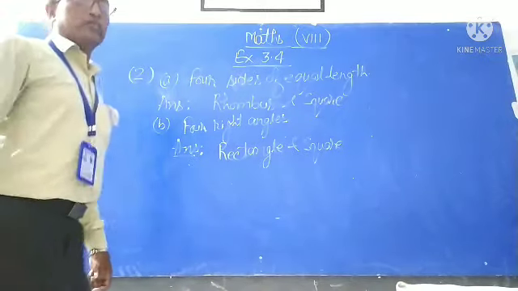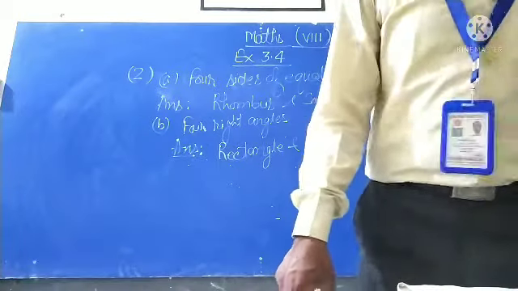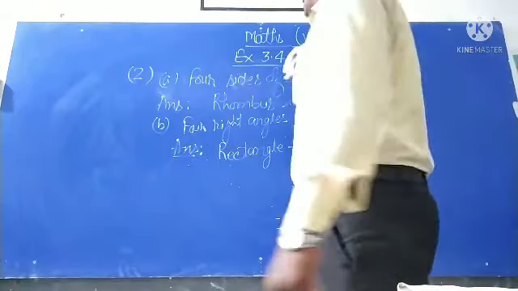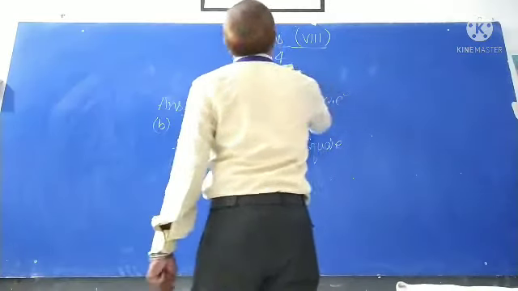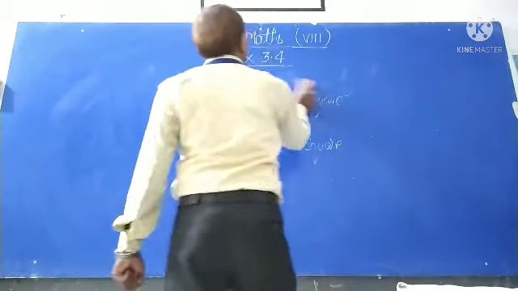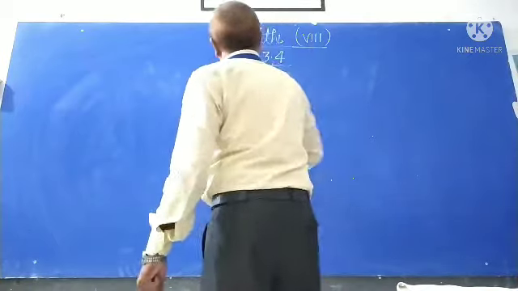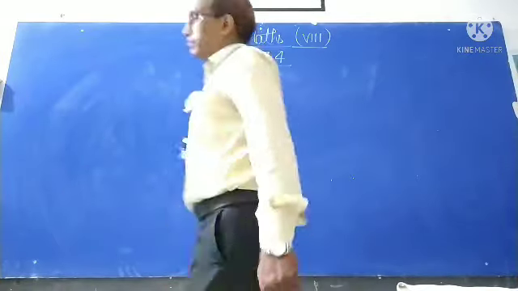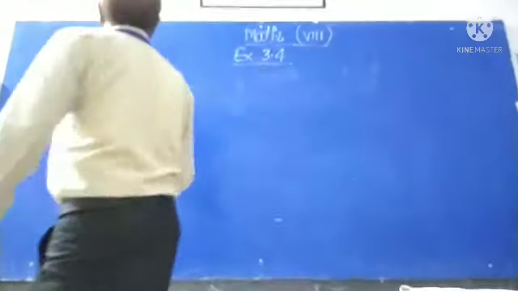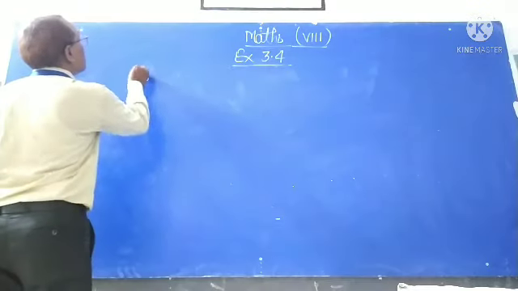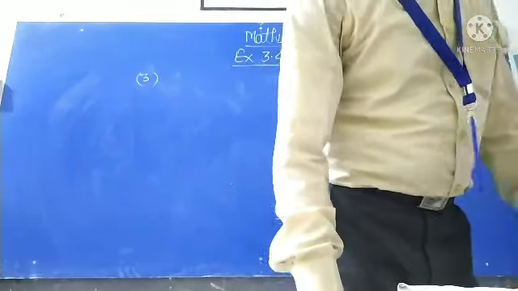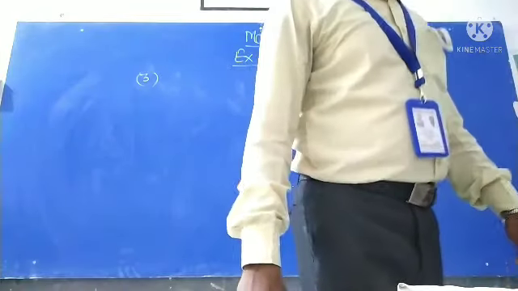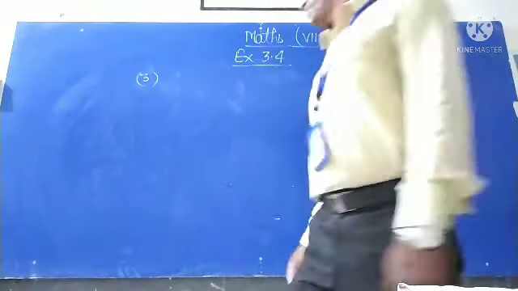Then our next question is question number 3. Explain how a square is a quadrilateral.